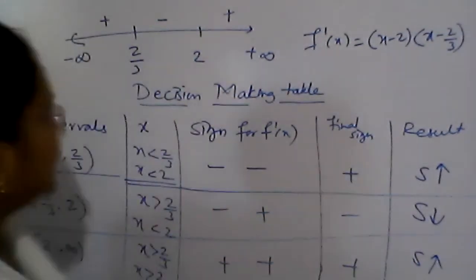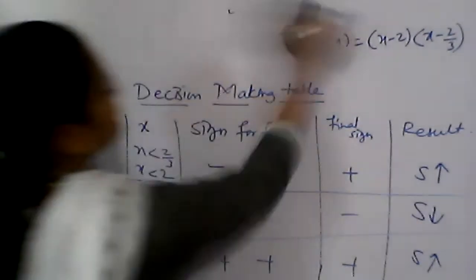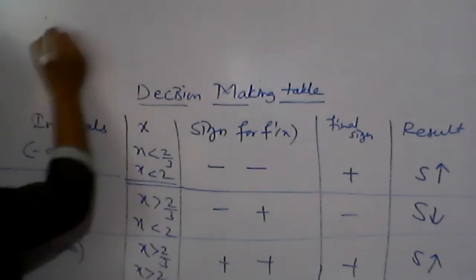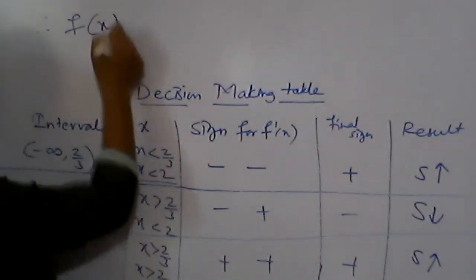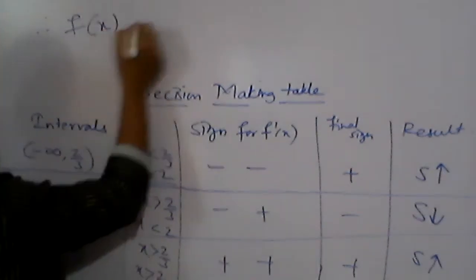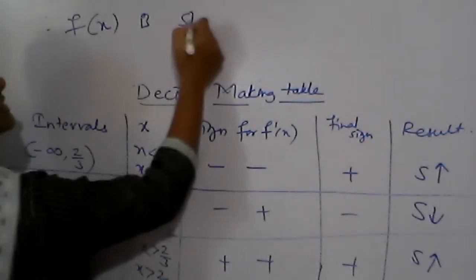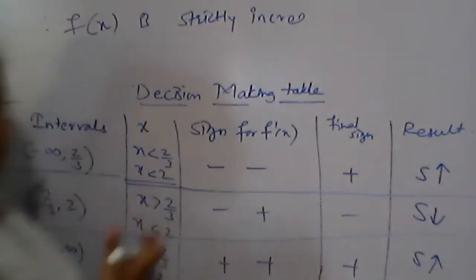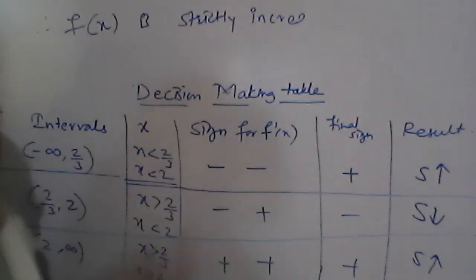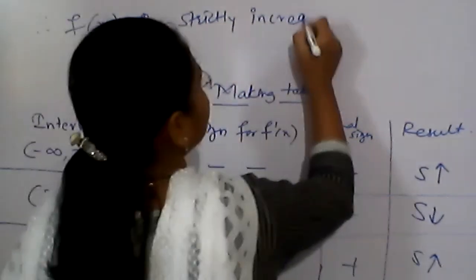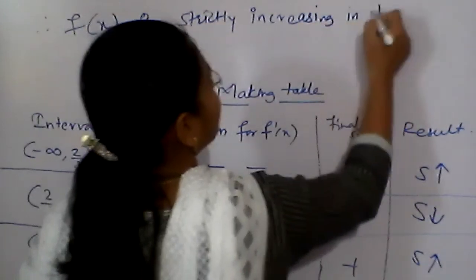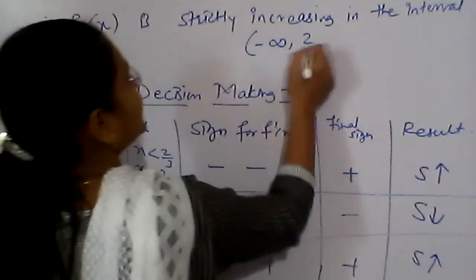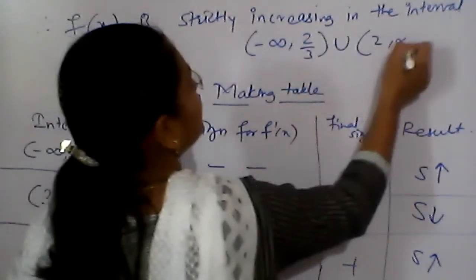Therefore, directly you can say, no need to write the first and second one, that function f of x is strictly increasing. After writing this decision making table, there is no need to explain because everything is there. It is strictly increasing in the interval minus infinity to 2 by 3 union with 2 to infinity.